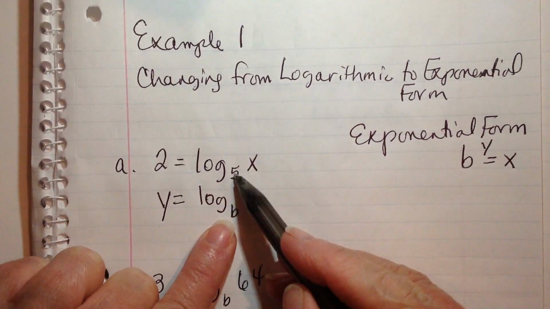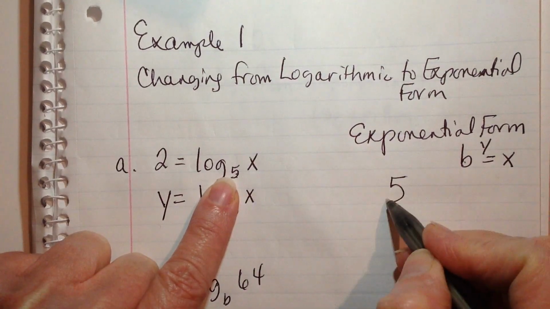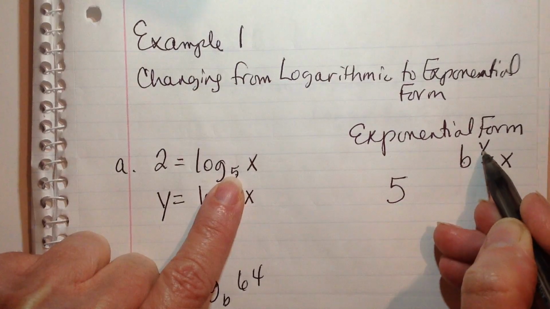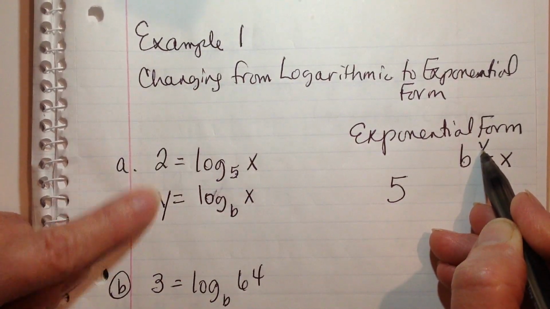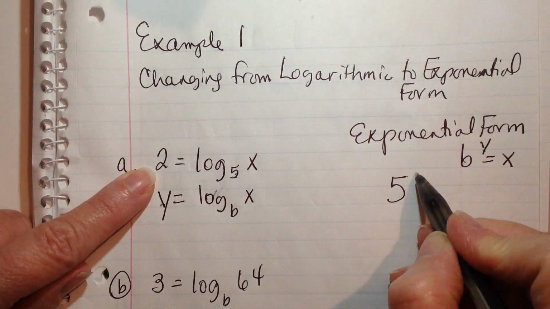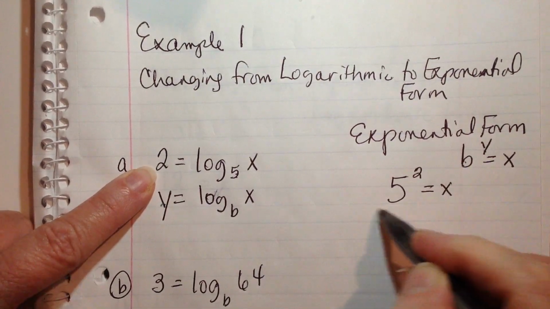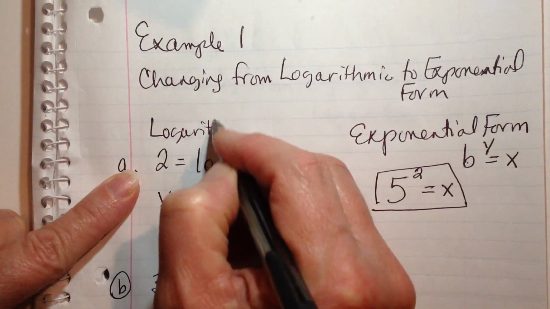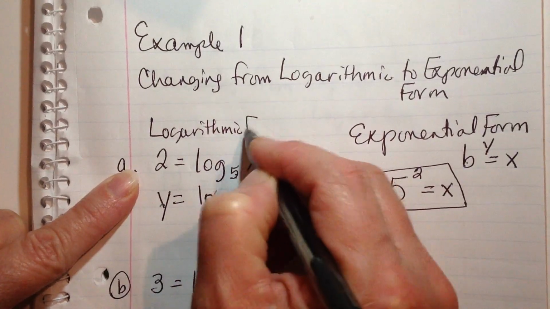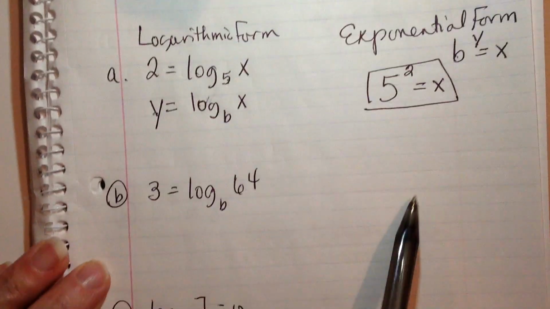So my b over here is 5. To change it to exponential form, I will use the base 5 raised to my exponent. Who is my exponent? In the logarithmic side, the exponent is 2. So 5 squared equals x. That's changing it from logarithmic form to exponential form.